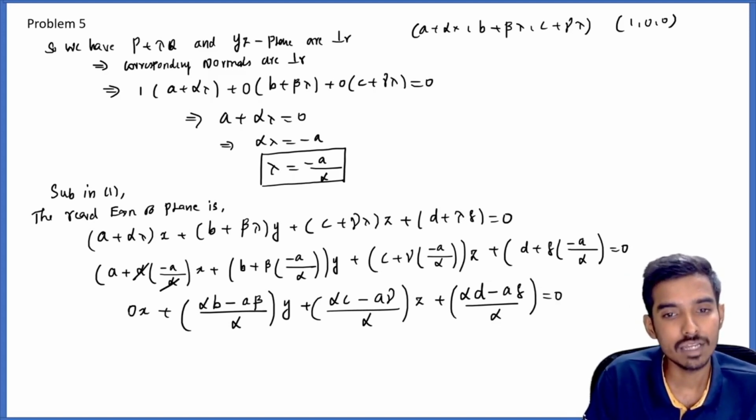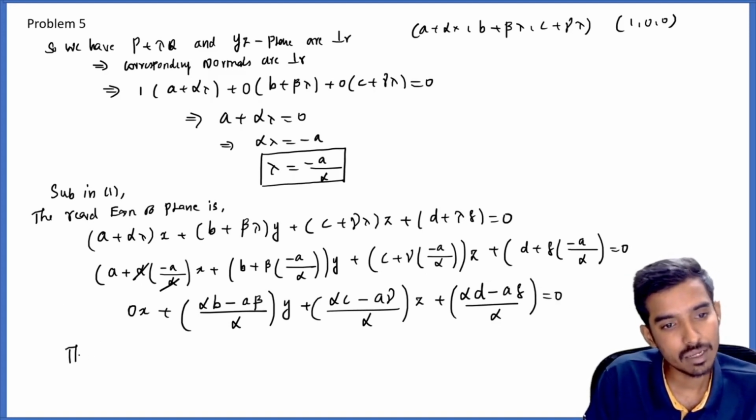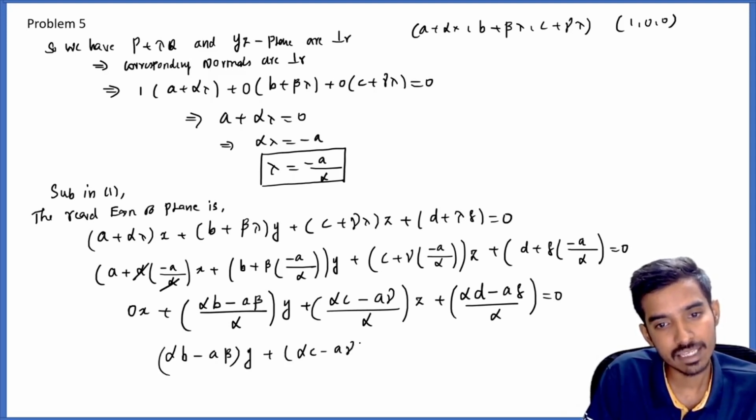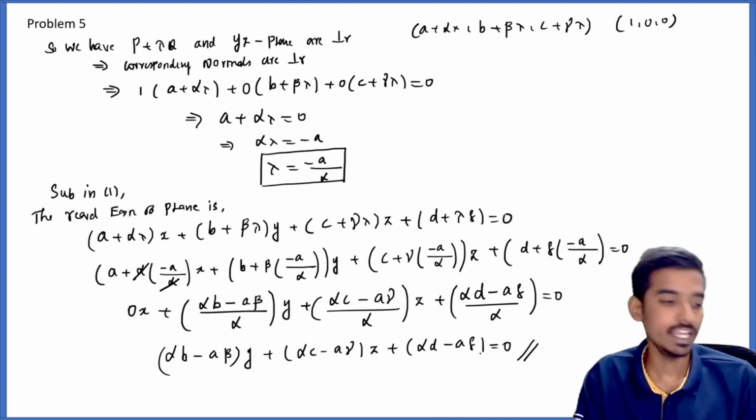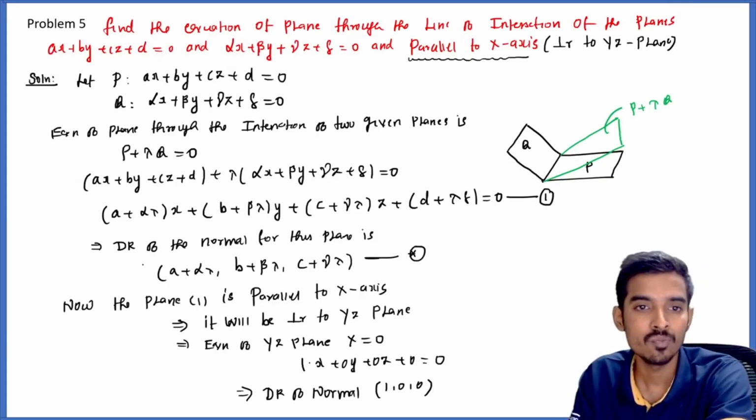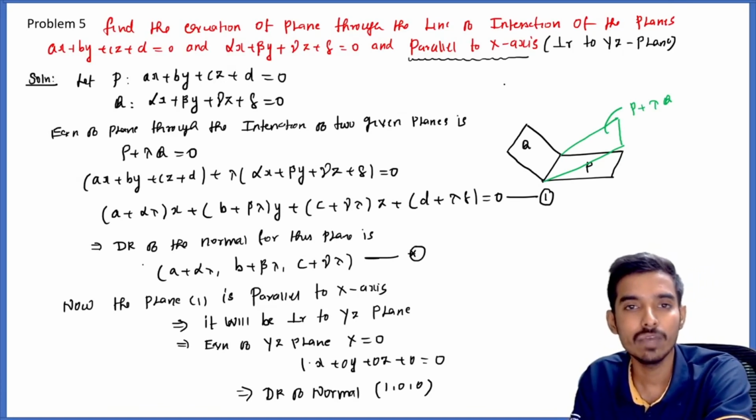Now take this alpha to that side. We will have the required equation is alpha b minus a beta into y plus alpha c minus a gamma into z plus alpha d minus a delta is equal to 0, which is the required equation of plane through the line of intersection of these two planes and parallel to x-axis.